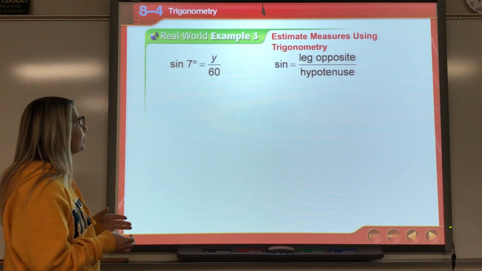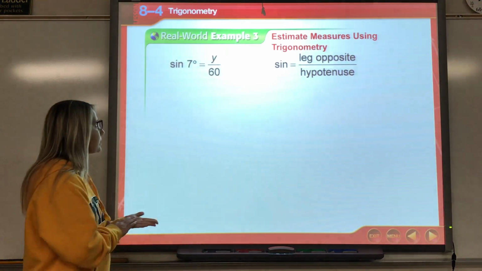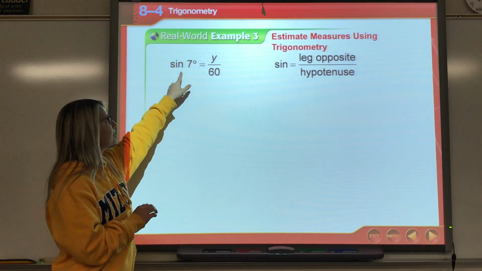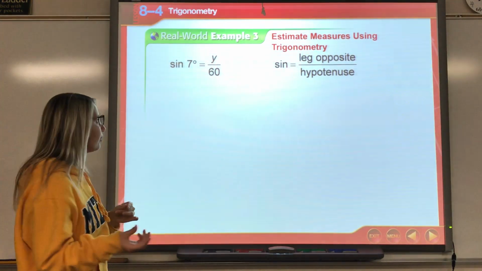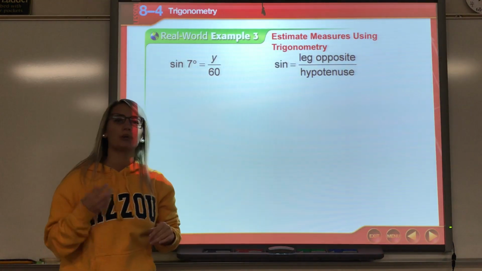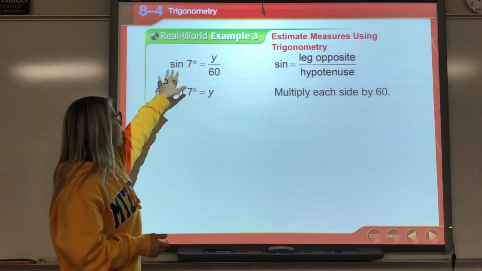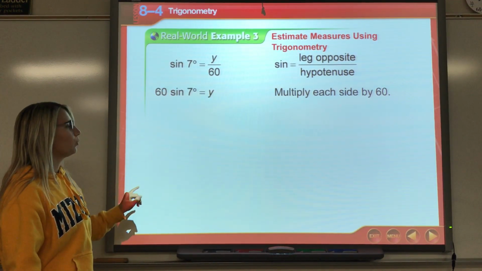So to set this up, we take the sine of 7 degrees, and remember the sine is the opposite over the hypotenuse. So we plug in the 7 here, and our leg that was the opposite was that y. That's what we're looking for. And the hypotenuse we know is 60 inches. So when we're solving this, we just want to multiply both sides by 60, and we can find y.